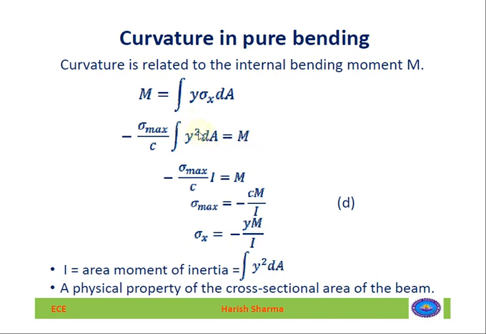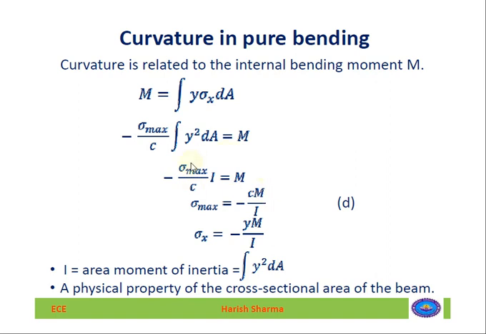So we can write this as the moment of inertia. M is equal to minus sigma max upon C into I, where I is the area moment of inertia, the integration of y squared dA.